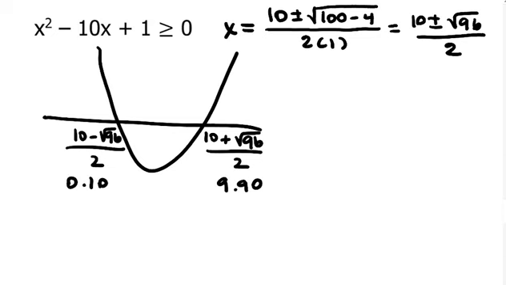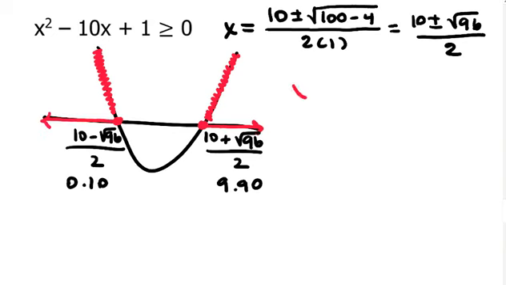And if you do put that into the calculator, you're going to get 9.90 and 0.10. But we're interested in this thing where it's greater than or equal to 0. Well, it's equal to 0 here, and then it's going to be greater than 0 out here. So if I'm tracing back to what x is, that'll be this set and that set.